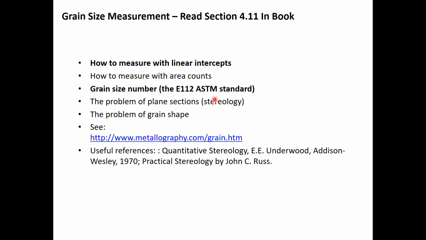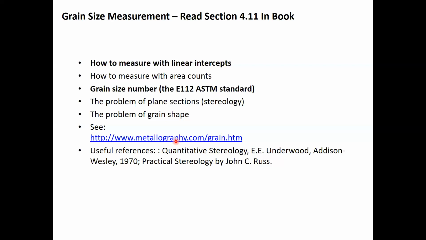And it just makes things easy. You just have a simple number associated with grain size that you can then use to see what happens when you do these heat treatments, or what happens when you do this kind of rolling in different directions, does the grain number change, and other things like that. And I encourage you to go to this link to find out some more information.